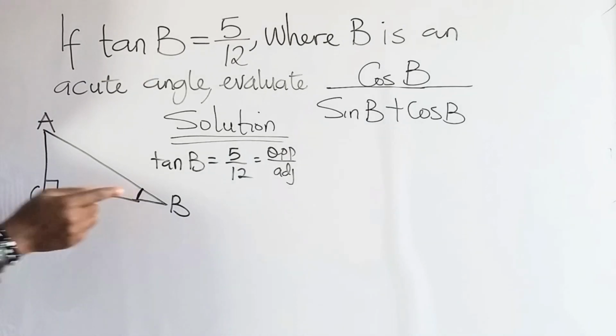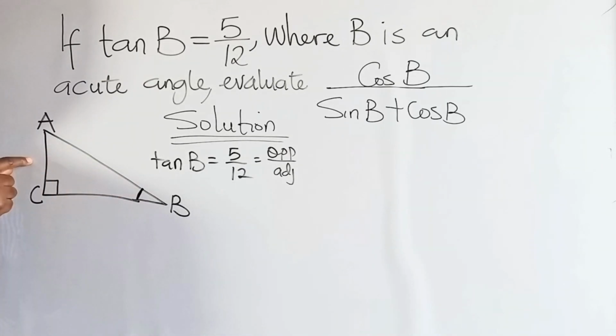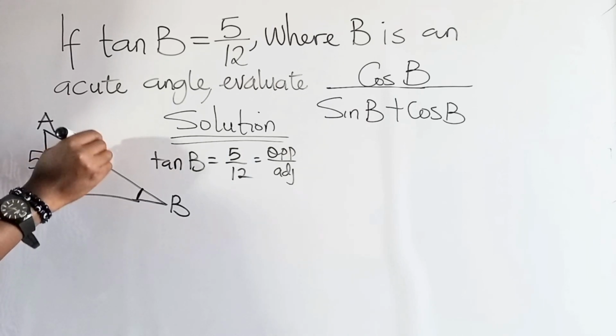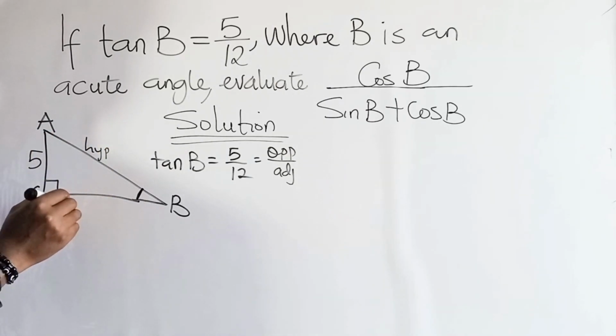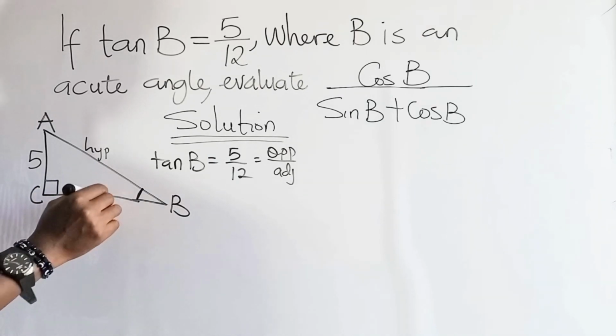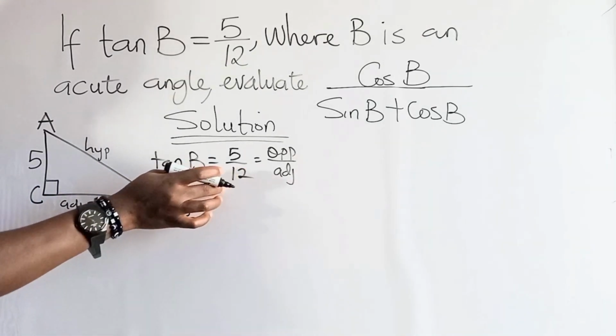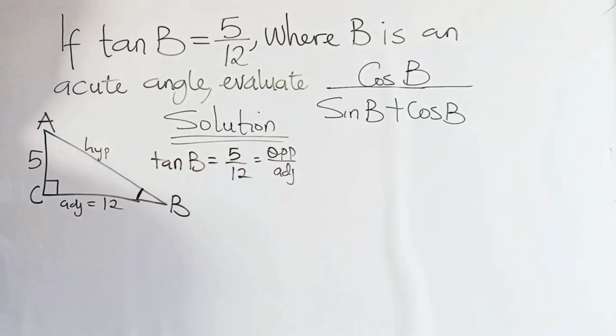If this is angle B, the side facing angle B is the opposite, and that is 5. Now we know that this length AB is the hypotenuse. So length CB becomes the adjacent, which is equal to 12, going by these given details from the question.